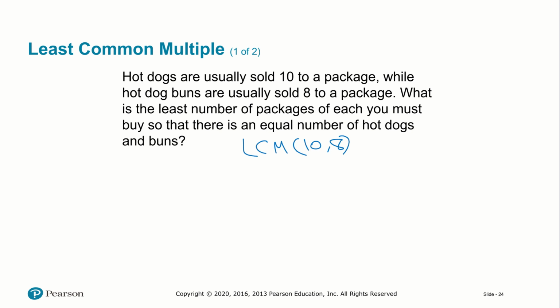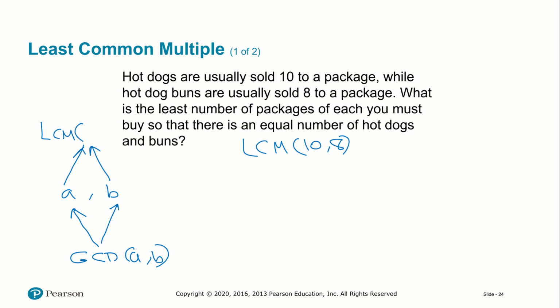Now, there's a really interesting relationship between two numbers, say A and B. The GCD, the greatest common divisor, is the largest number that goes into both of them. The least common multiple is the other extreme. It's the smallest number that they both go into, right?